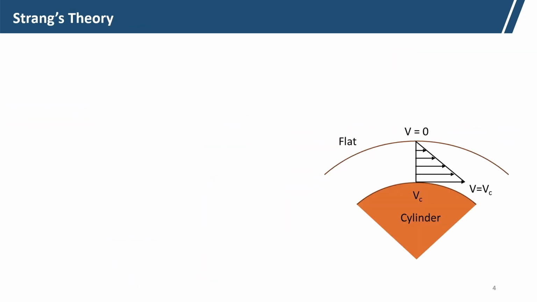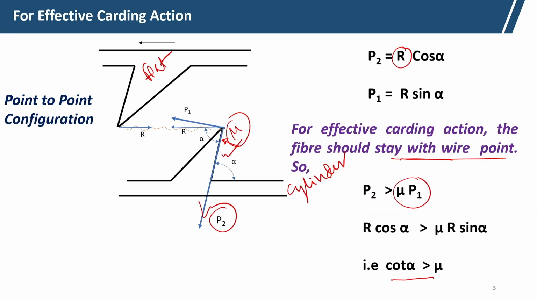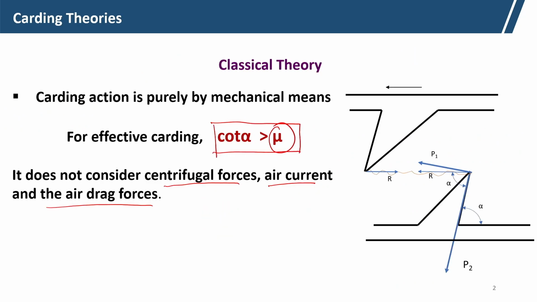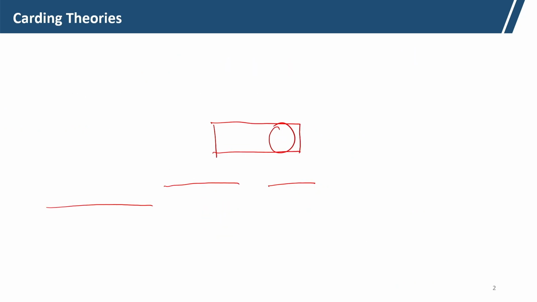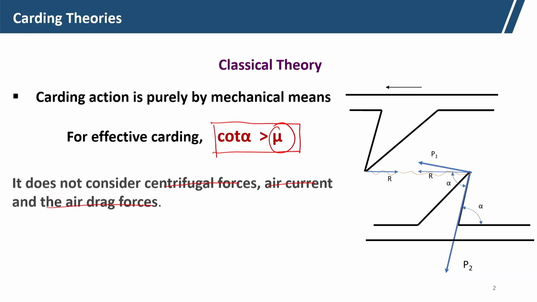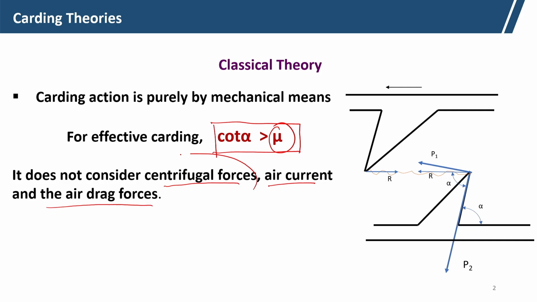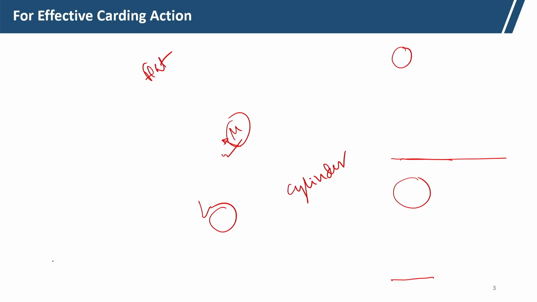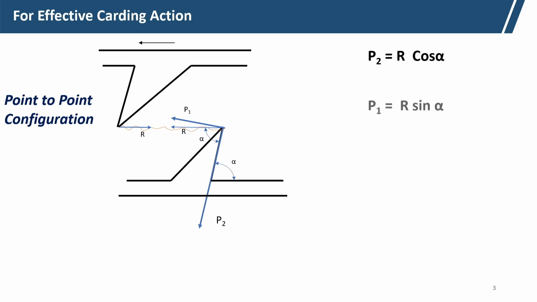Now, along with this, the parameters and factors which we have not discussed earlier are centrifugal force, air current and air drag force. These three forces we will discuss here, and how these forces affect this carding action.